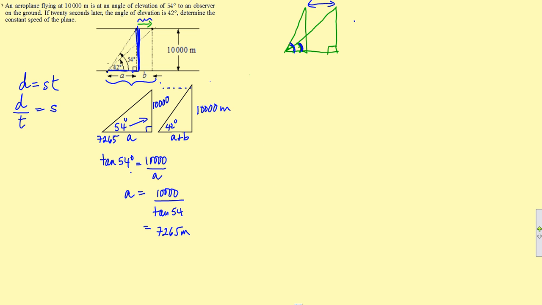But now we're going to say that the tangent of 42 degrees is equal to 10,000 divided by A plus B. Now, we'll say that A plus B is equal to 10,000 over the tangent of 42. And because we are trying to figure out what the value of A plus B is, and we know that the value of A is 7,265.